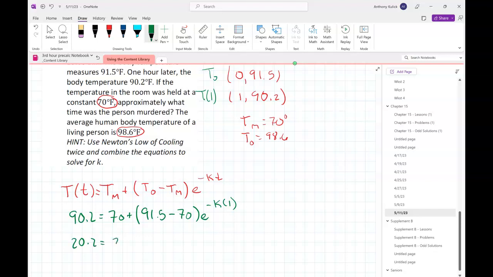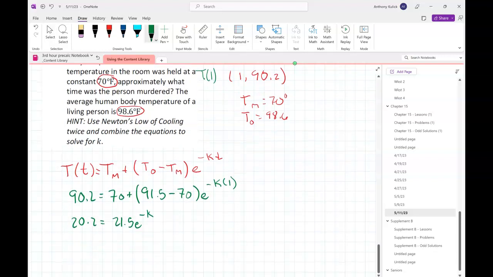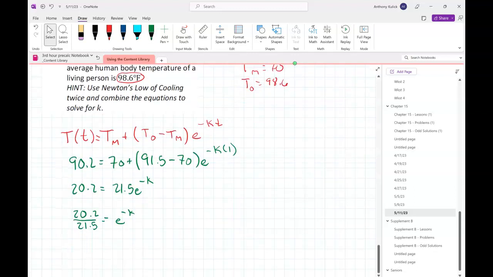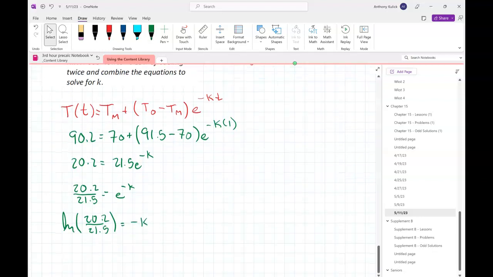I'm going to do it algebraically just for grins. Then we'll divide both sides by the 21.5. To cancel out the exponent base of e, we'll do the natural log of both sides. And then we'll divide by negative 1.